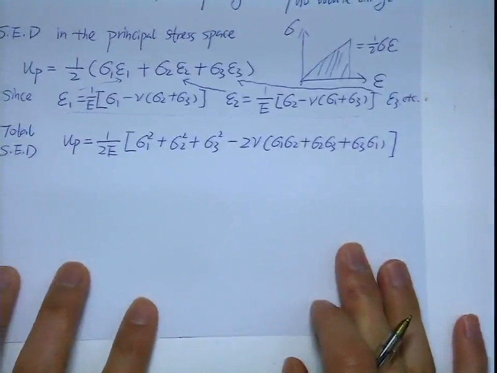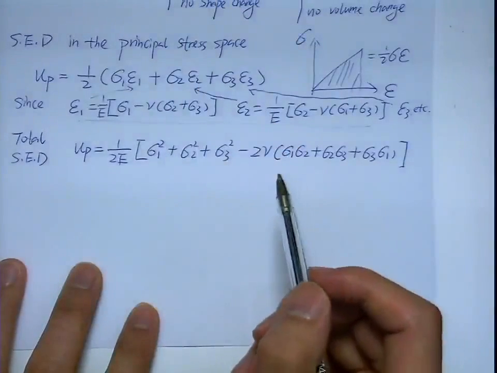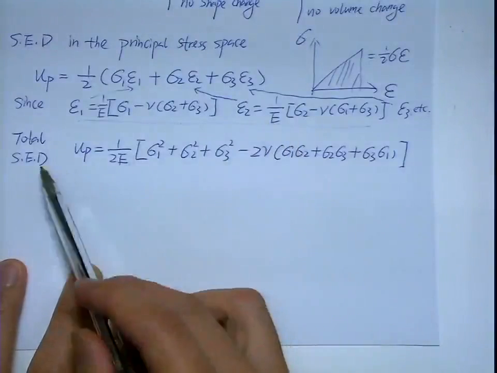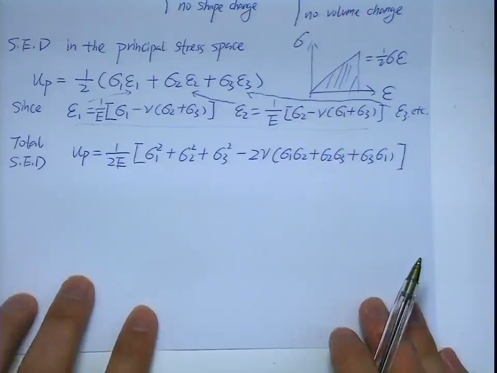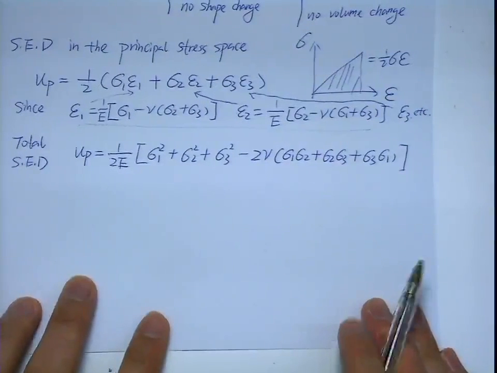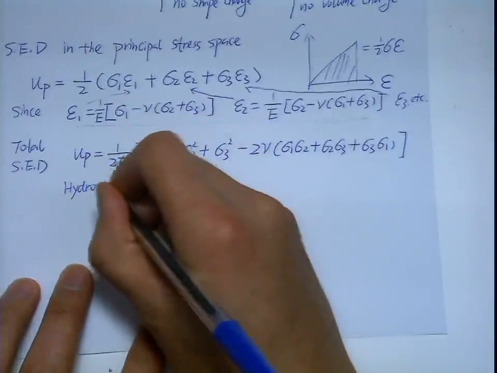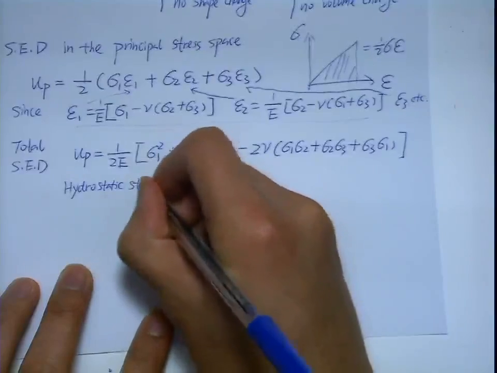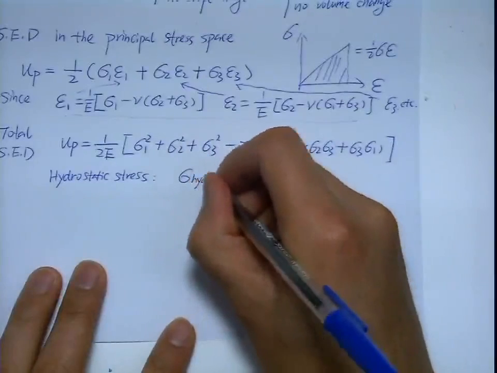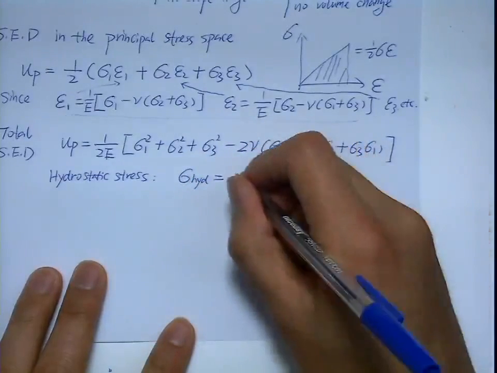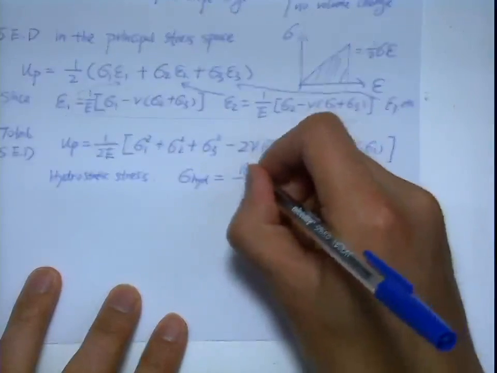So what I want to do is work out the hydrostatic strain energy. Using this total energy minus the hydrostatic strain energy, then I have this distortional strain energy density. So if you remember hydrostatic stress, sigma hydrostatic is basically the average of all these principal stresses.